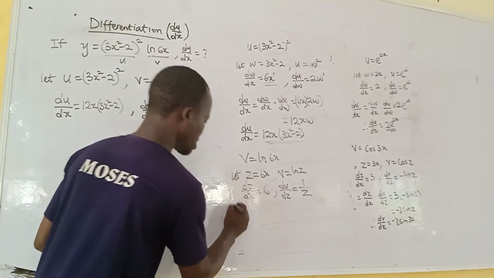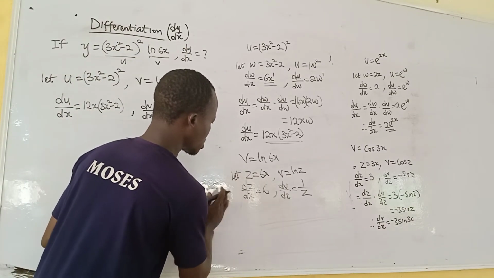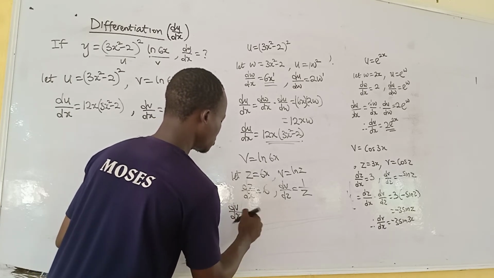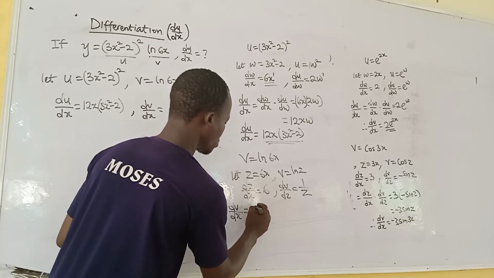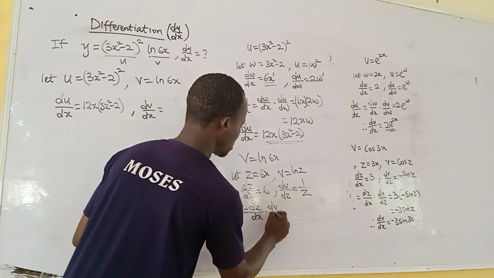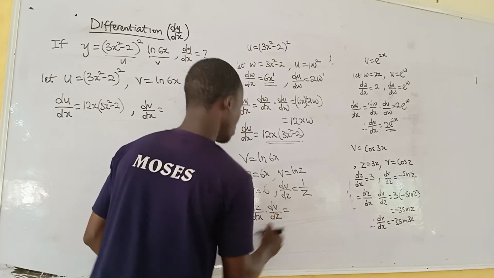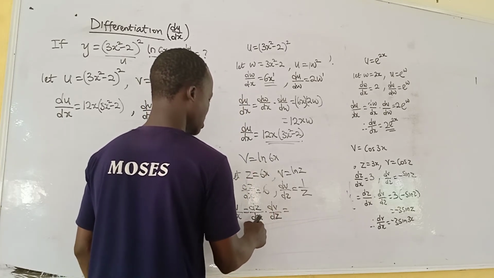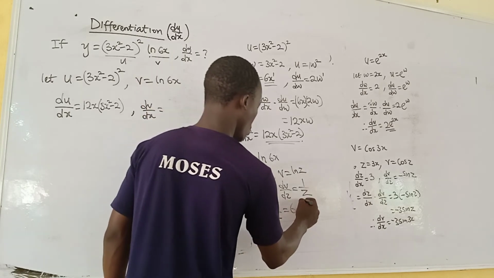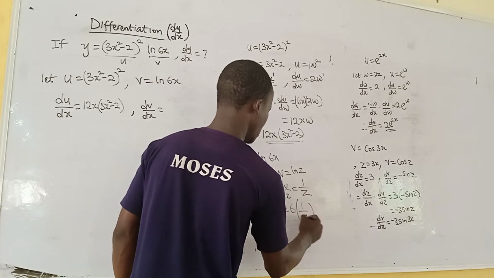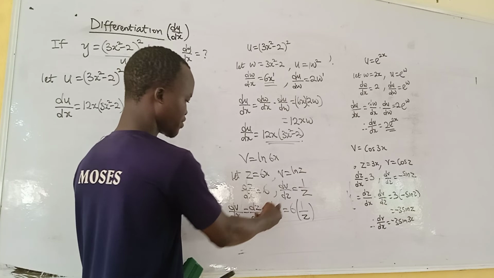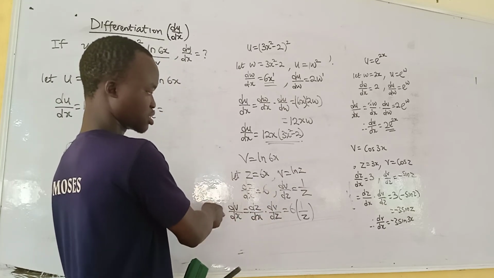So now the chain rule says that dv/dx is equal to dz/dx times dv/dz. dz/dx now is 6, and dv/dz is 1 over z. You know this makes sense because by the time dz cancels dz, we are going to have dv over dx, which is what is on the left.